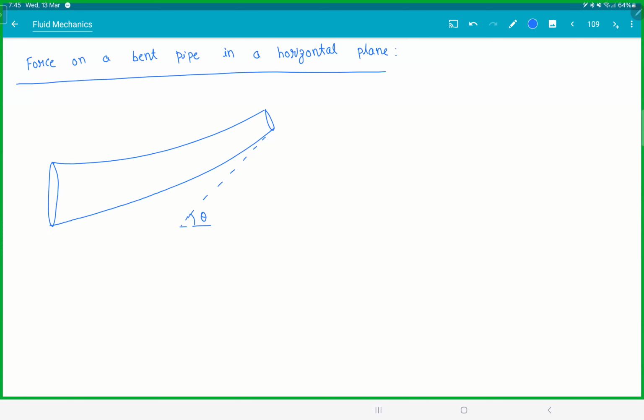Let's say this is theta here. P1 is the pressure, let's say V1 is the velocity, area is A1. Pressure is P2, this is V2 and area is A2.